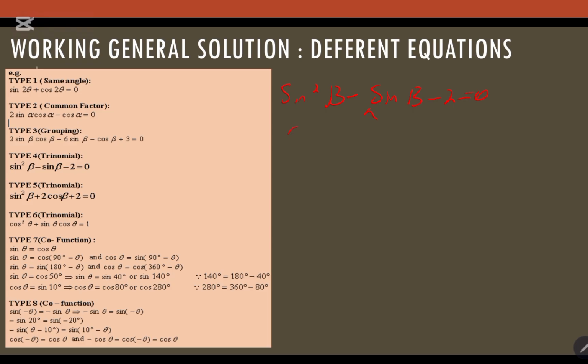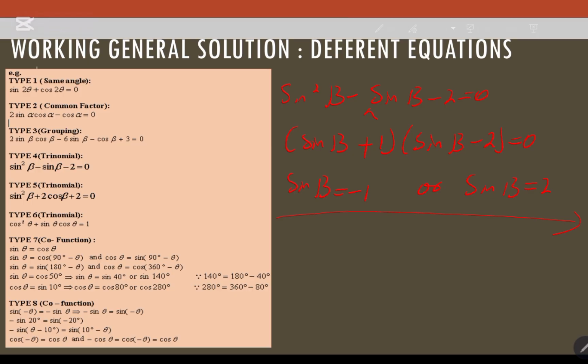So this is sine beta minus 1 times sine beta minus 2 is equals to 0. The bigger factor takes minus, so that is the case. So you've got sine beta is equals to -1, or sine beta is equals to 2. And from here, you can also apply the general rules of general solution.